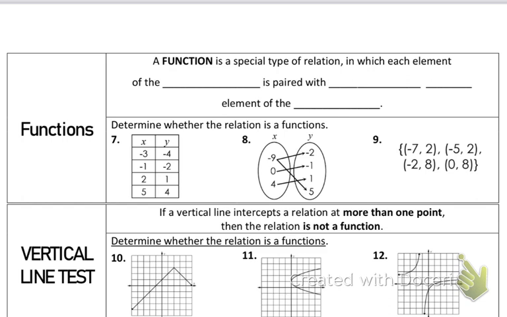A function is a special type of relation in which each element of the domain is paired with only one element of the range.